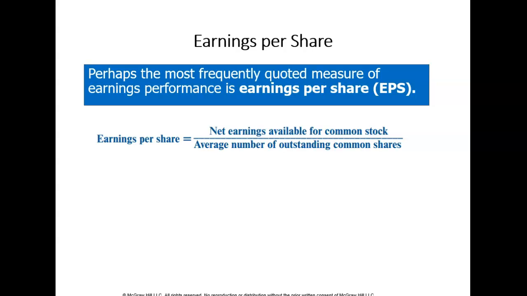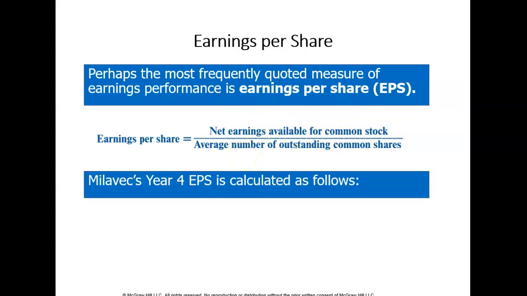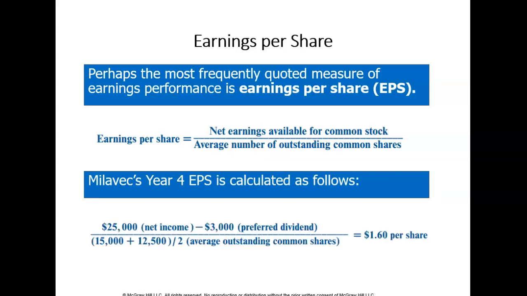Earnings per share shows the net earnings available for common stockholders divided by the average number of outstanding shares of common stock. Okay? So let's take a look at our year 4 earnings per share.